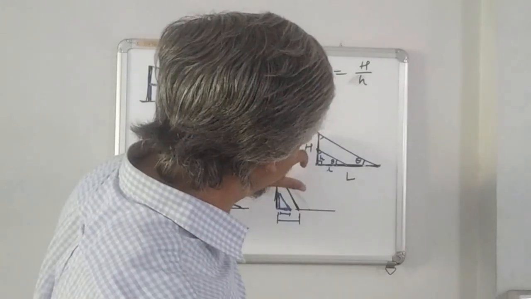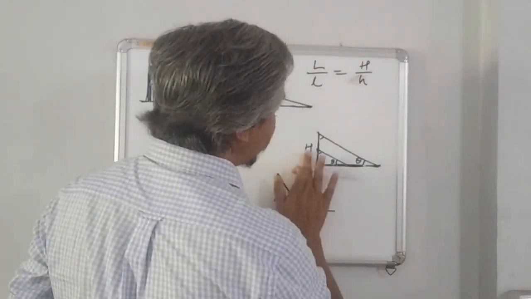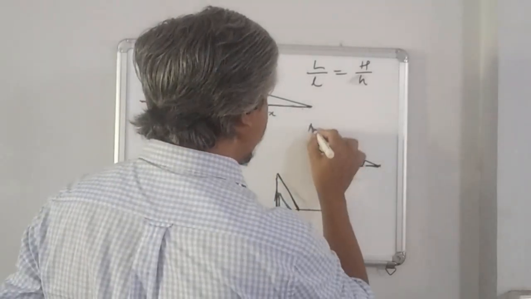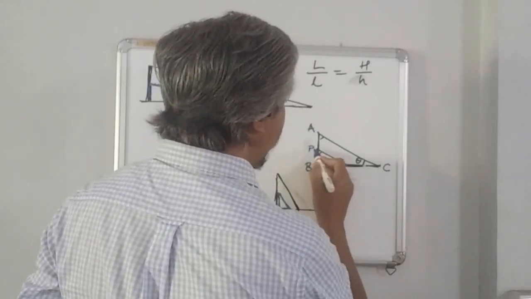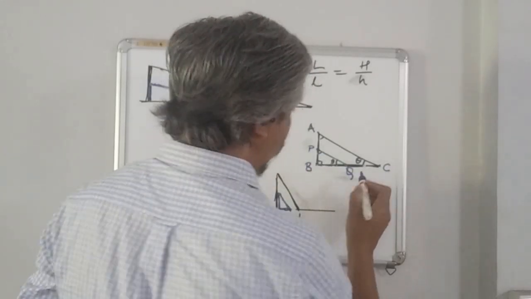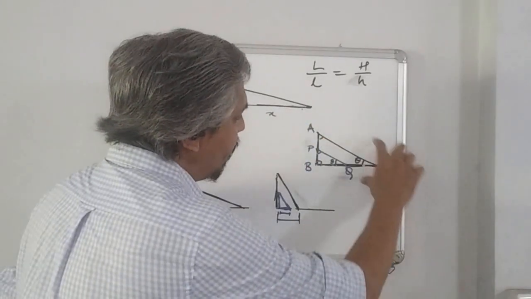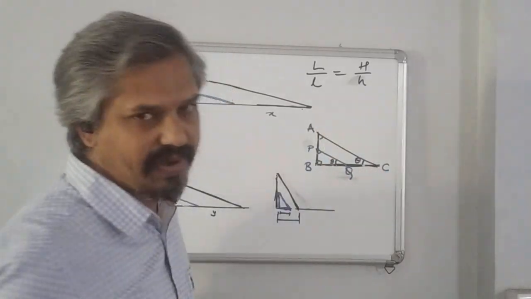So what is happening is, in this triangle, now let's see, we'll just label these triangles. The larger triangle is A, B and C, and this is P, B and Q. The bigger triangle represents the height of the father and the length of the shadow of the father.